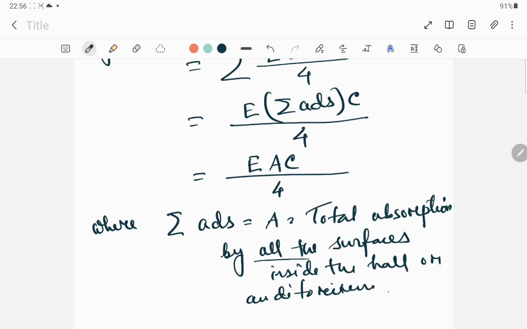All the surfaces, when we say, it basically says roof, ceiling, side walls, furnitures, audiences and everything.